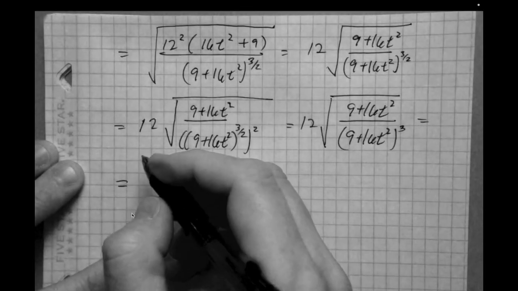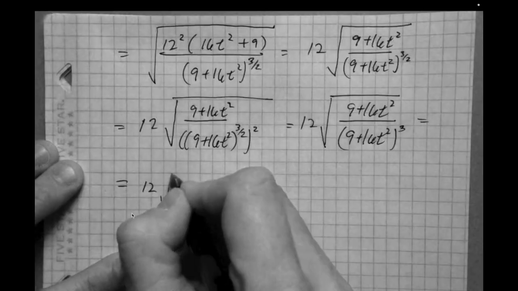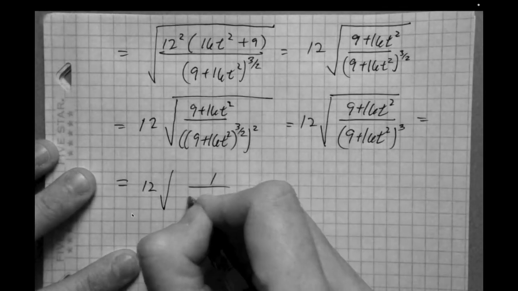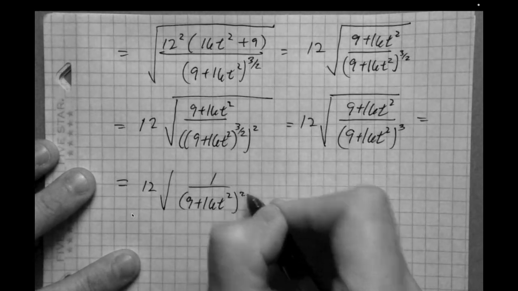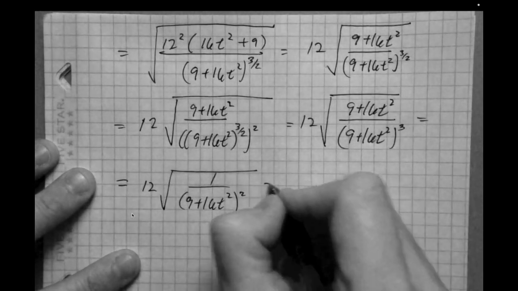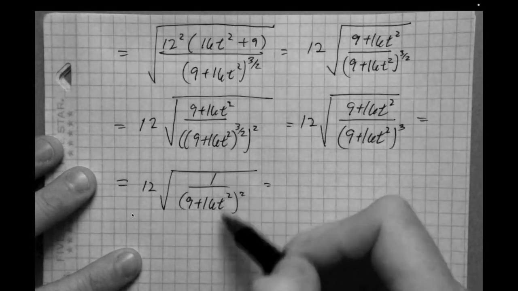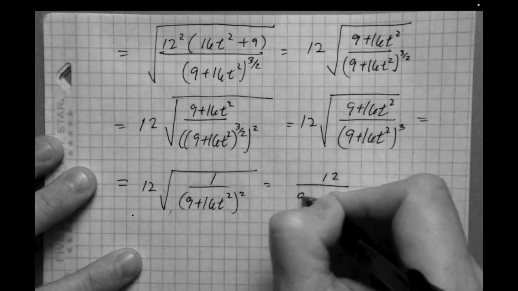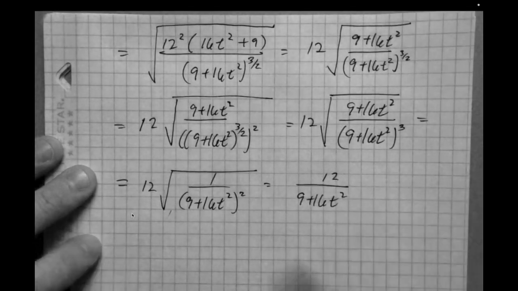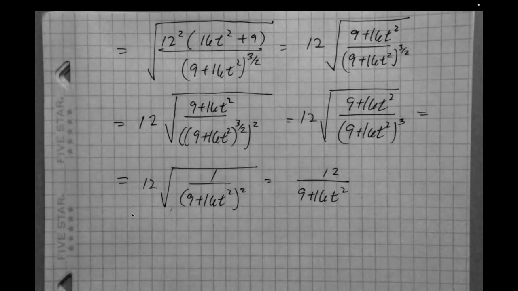All right, and let's see, that is just 12 times the square root of 1 over 9 plus 16t squared squared. And I think the best way to write that is to take the square root of something squared, so this is just 12 over 9 plus 16t squared. So it wasn't clear that it was going to simplify that dramatically, but it does.